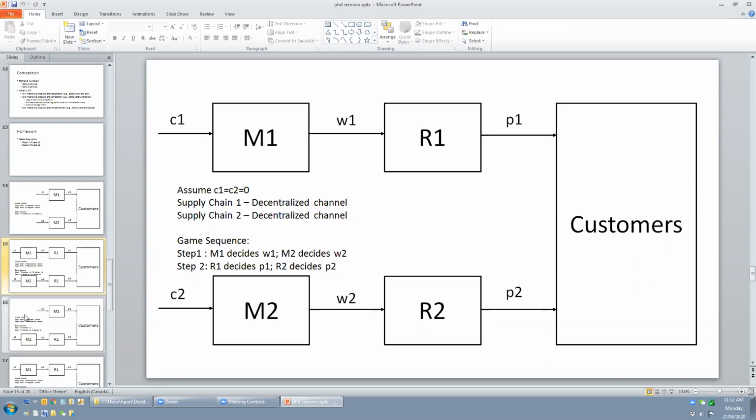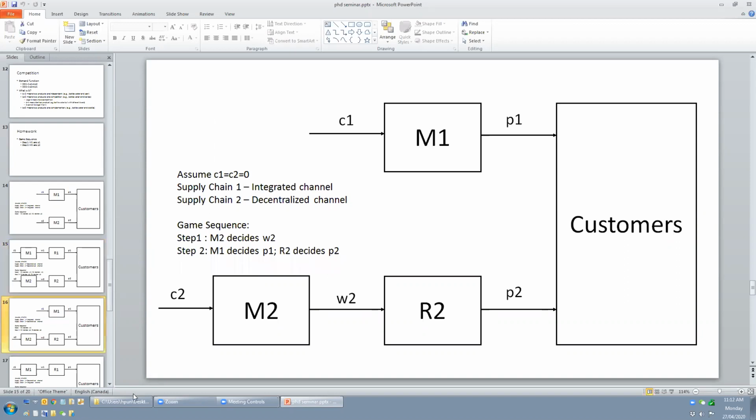We also have a possibility where supply chain number 1 is an integrated channel, while supply chain number 2 is a decentralized channel. What it means is that manufacturer 1 has a 0 production cost and then sells the product to customers at P1.